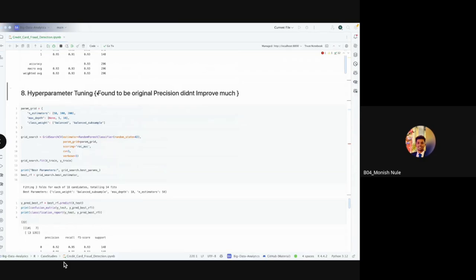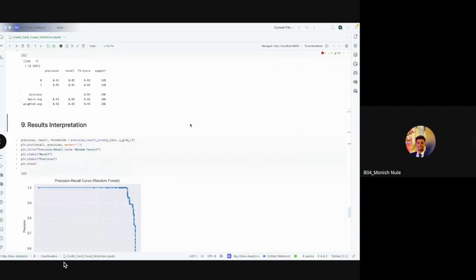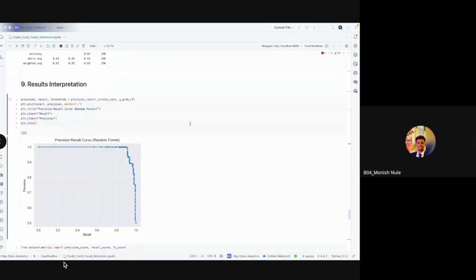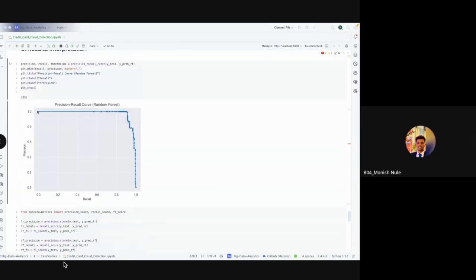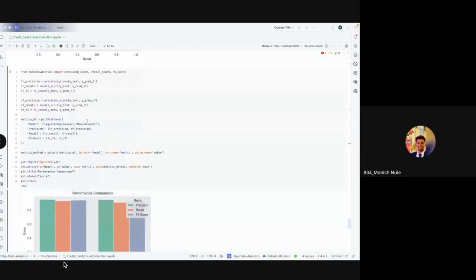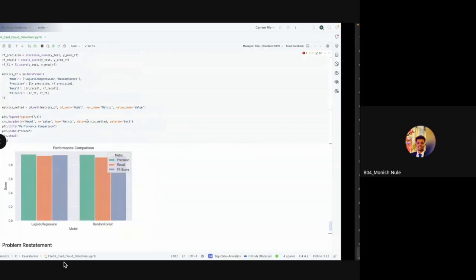So this is completely optional hyperparameter tuning and result interpretation. This is the resultant interpretation. We can see the precision recall curve and then the recall itself, and this is the performance comparison.